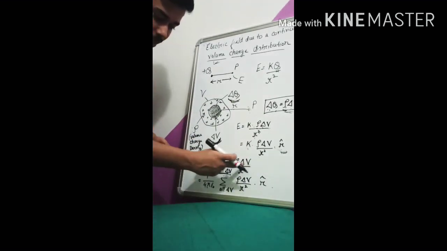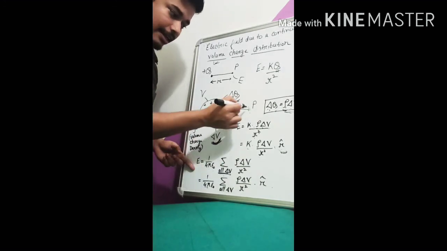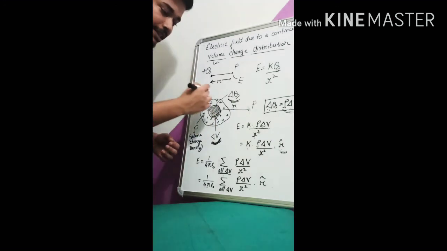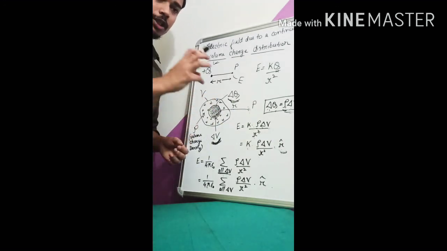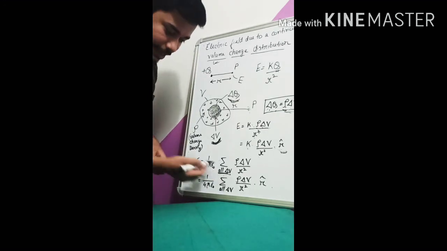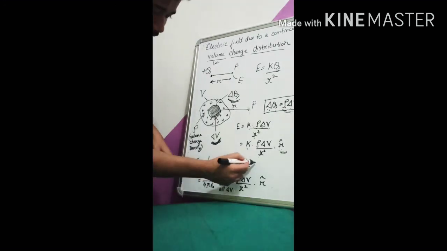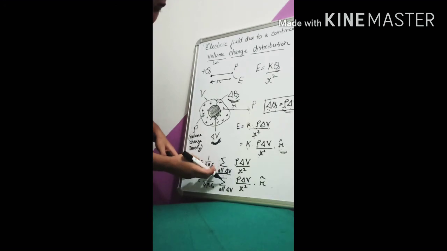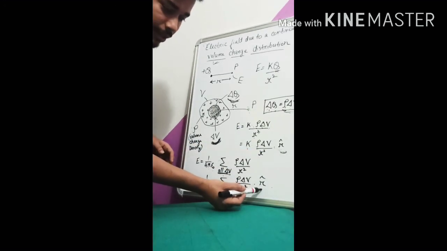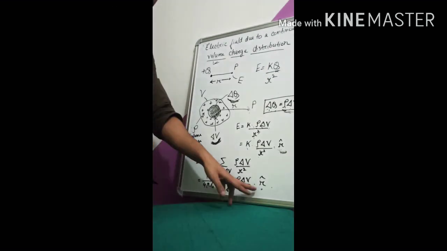This is the electric field intensity at this point due to this whole volume, which we have considered to be made up of small volume elements, each of whose volume is delta V. If we write this formula in vector form, then similar to this formula, we'll have to put a unit vector r cap in this place.